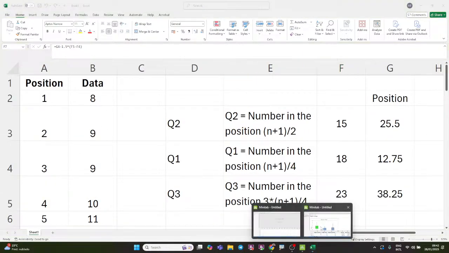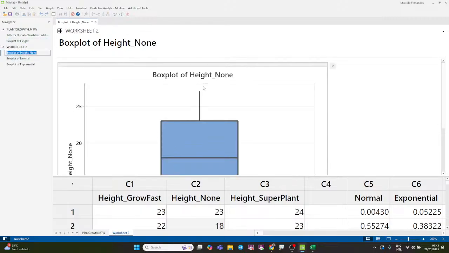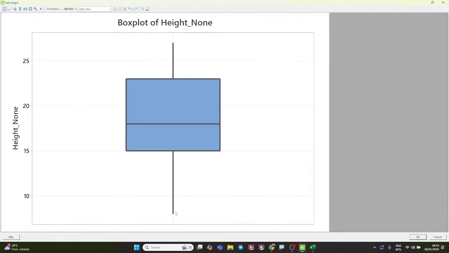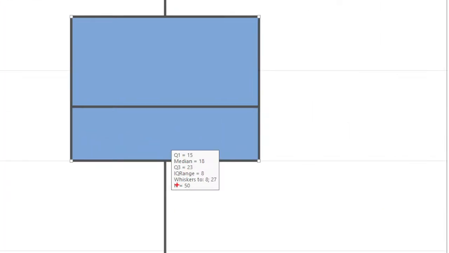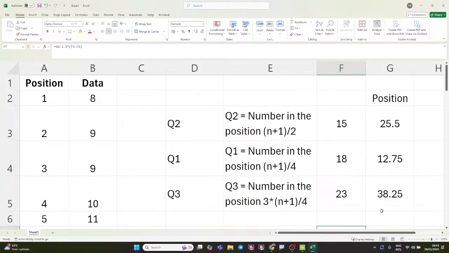If you take the extreme of the whisker in our box plot, you will see that we don't have 5.25. We have 8. So what is going on here?